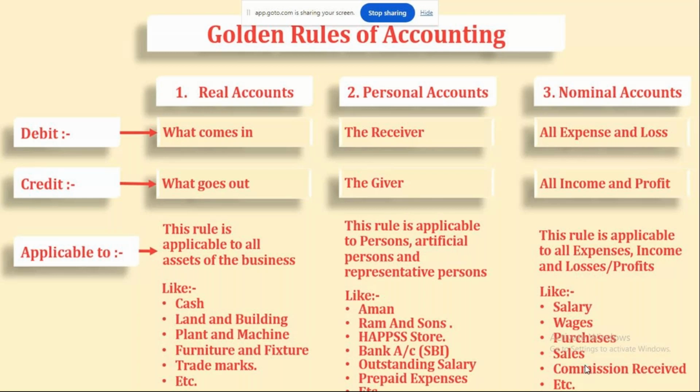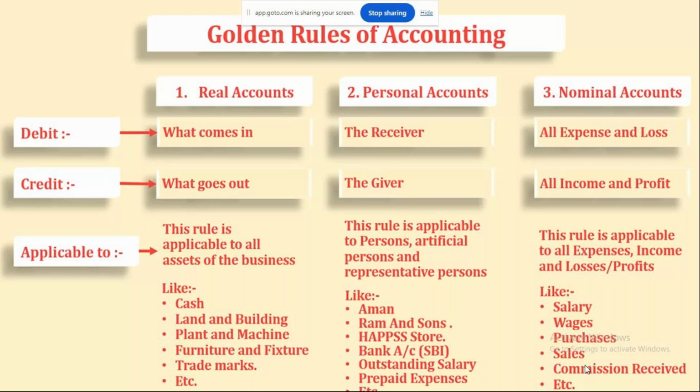But the crucial point or the main part here is, if you can observe, I've given something there, applicable to, and the examples at the bottom. That plays a crucial role. So when I talk about the real account, the moment I say real, this rule is applicable to all the assets of the business. If I talk about the personal account, person covers a natural person, artificial person, and representative personal account.